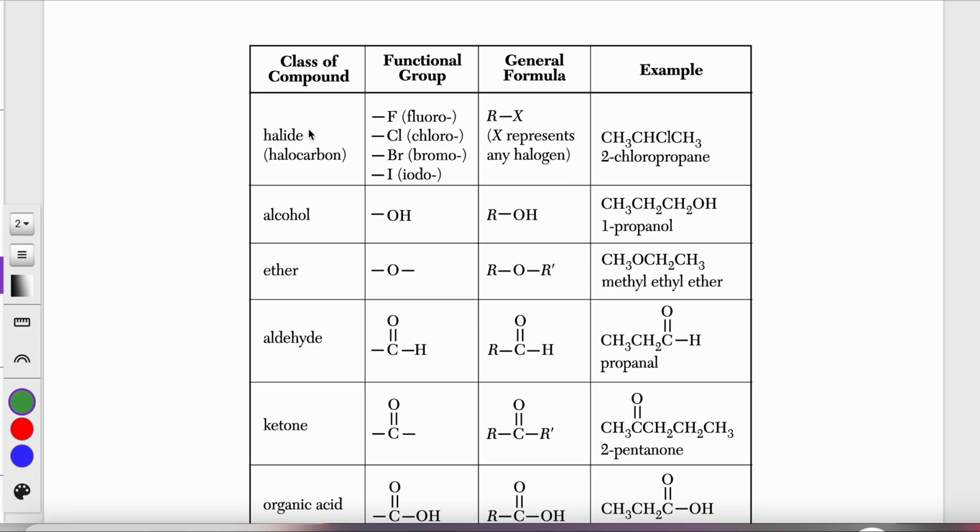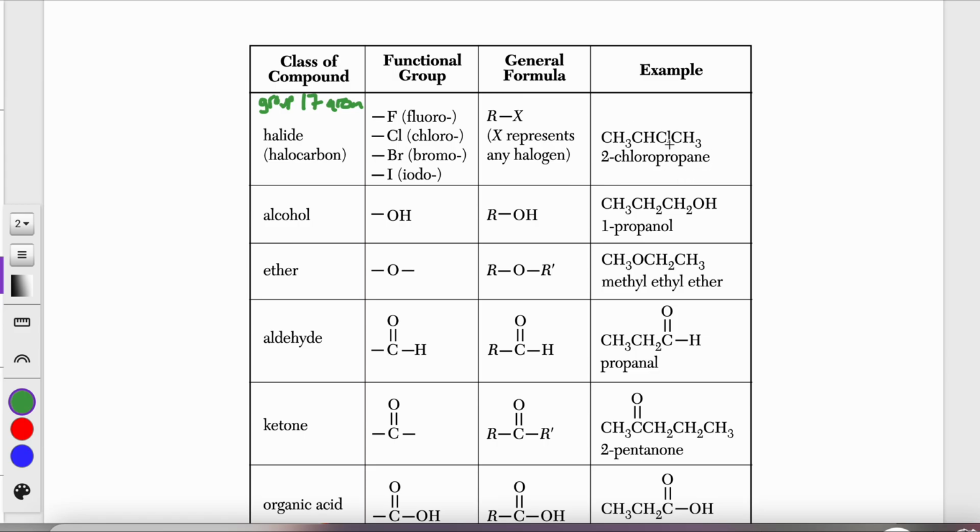Okay, so a halide or a halocarbon, well, it's because we have an atom from group 17. So this is where we add a group 17 atom to the parent chain. And it's pretty simple here to recognize.